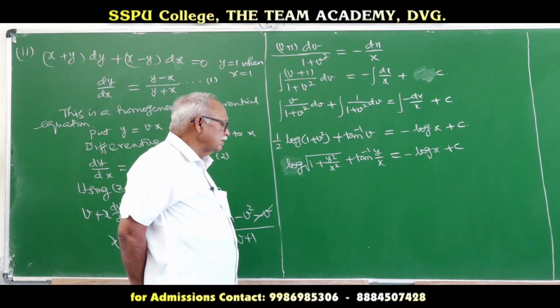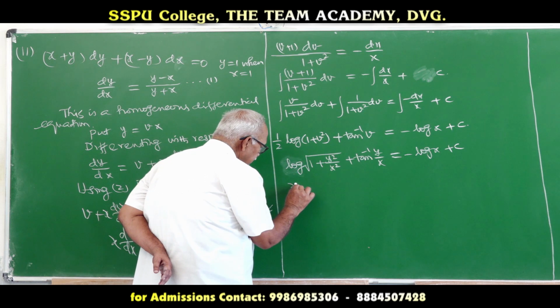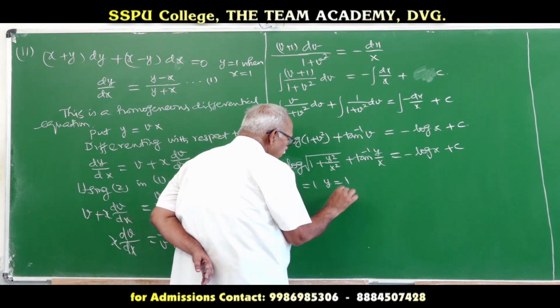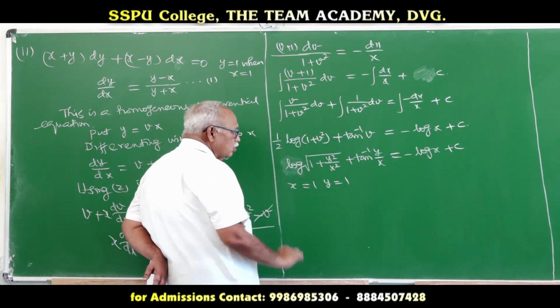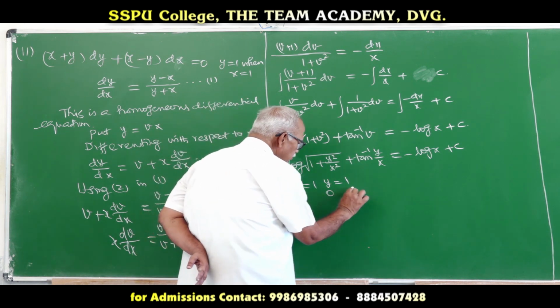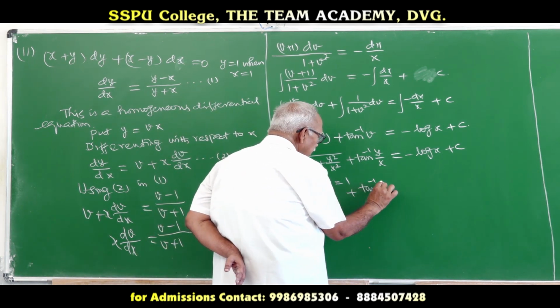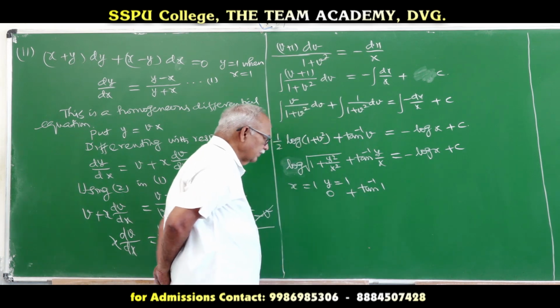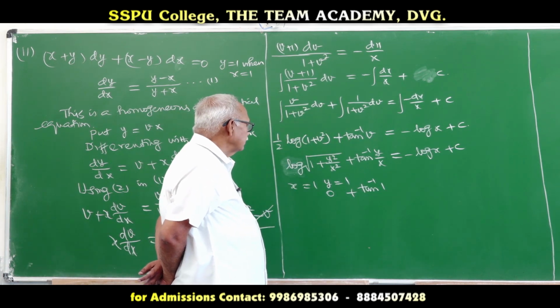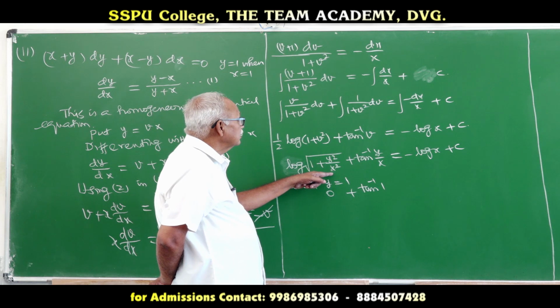Now, let us put x is equal to 1, y is equal to 1. Here you get log 1, that is 0, plus tan inverse of 1. Log 1 is 0 because y is 1, x is 1.